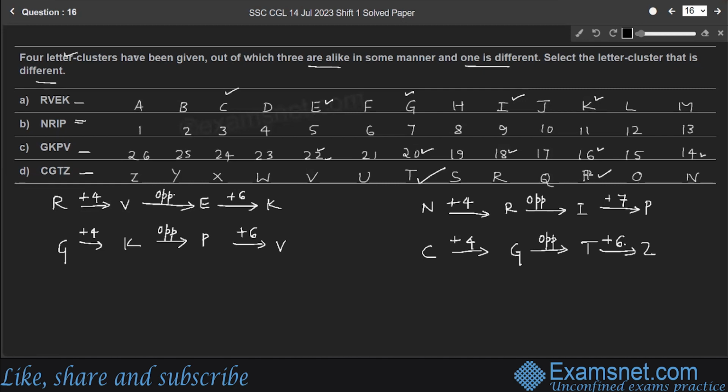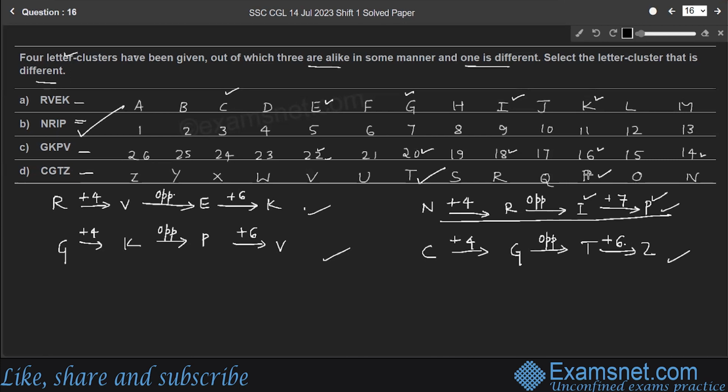Look at the clusters and their relations. Except letter cluster 2, or option B, in which last but one letter plus 7 gives the last letter. According to the logic, it should be O, not P, because 6 should be added to the last but one letter.